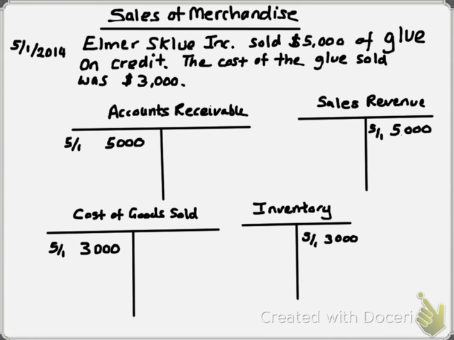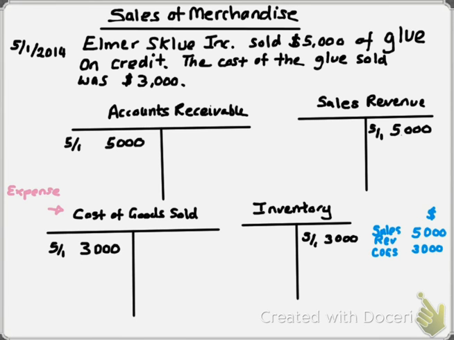To recap, cost of goods sold is the cost of the inventory. It's the price that we purchased the inventory for, and cost of goods sold is an expense account. In a merchandiser's income statement, you will have your sales revenue, so your sales revenue of $5,000.